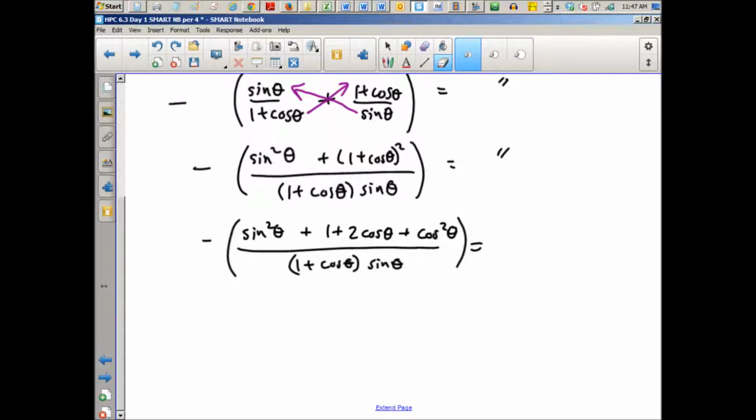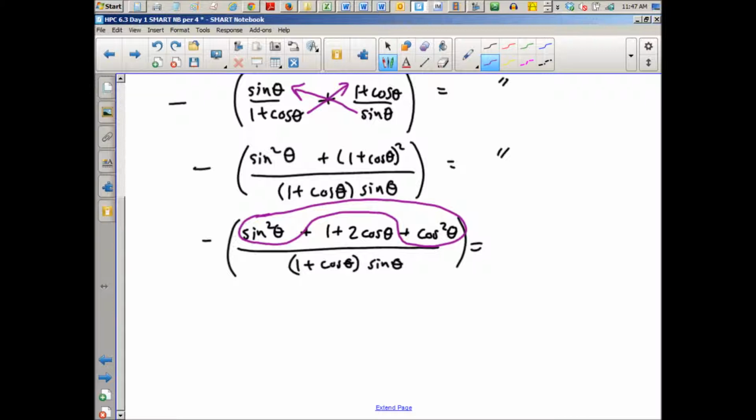Then you can combine your cosine squared theta and sine squared theta together. Yes, good. So sine squared and cosine squared add up to 1, right? Look at your Pythagorean identity in purple over here. This is 1. See? So that's a really exciting moment. We're not scared of quadratic stuff.